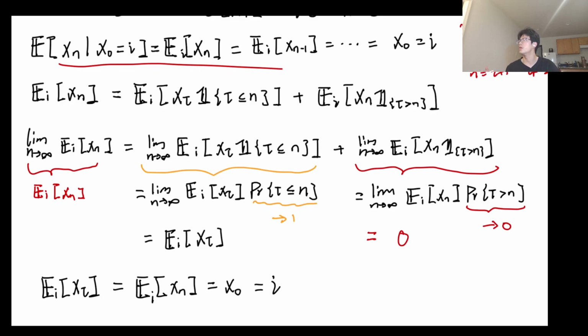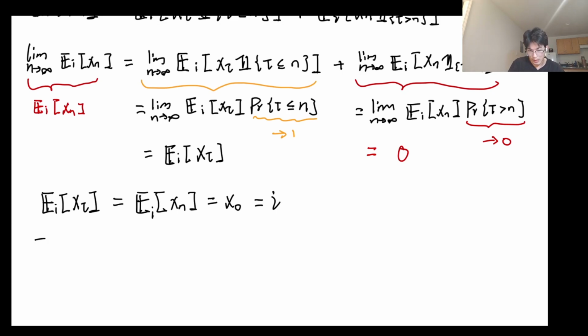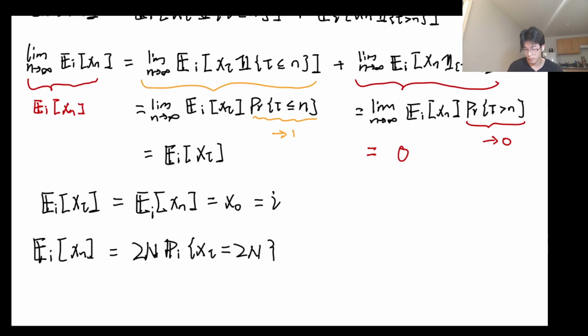Now, how do we bridge the expectation with probability? Let's recall the definition of expectation. The expectation of x tau with respect to I is given by 2n times the probability, let's use p here, x tau equals 2n, plus 0 times the probability of x tau equals 0.